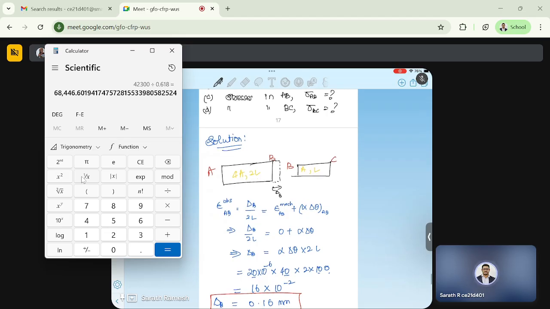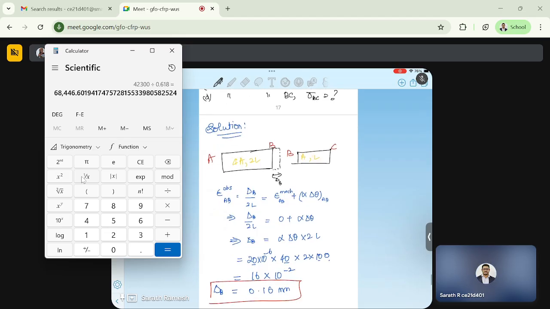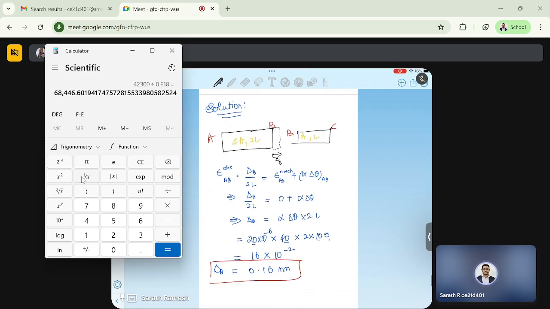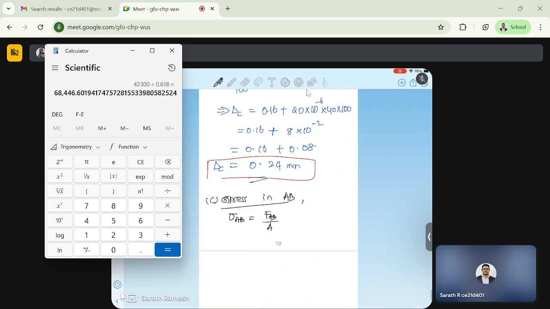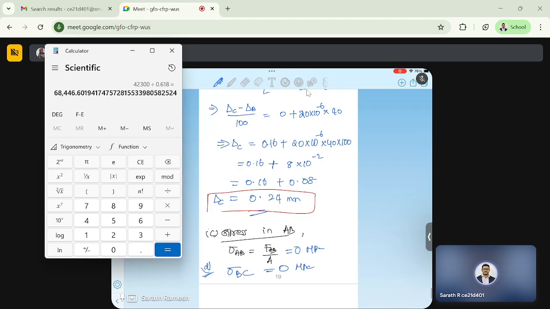Of course, there is strain, but that doesn't mean that there is stress, right? It's just freely expanding. If and only if the expansion is restricted, it will be subjected to a stress value. So this is 0. Similarly, sigma BC will be equal to 0 megapascal. This is D. Then this finishes the problem.